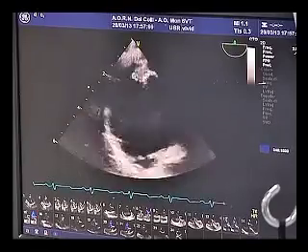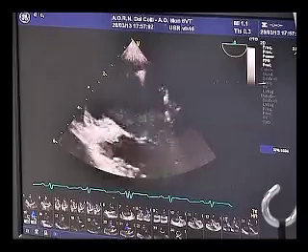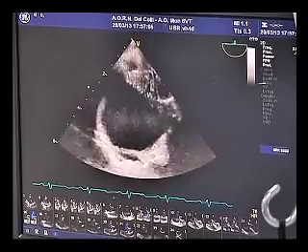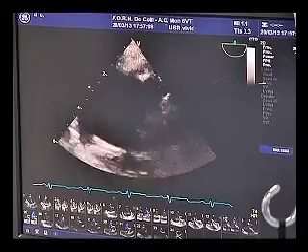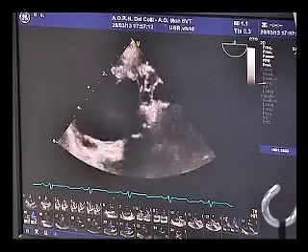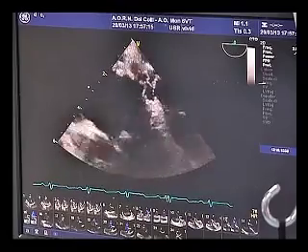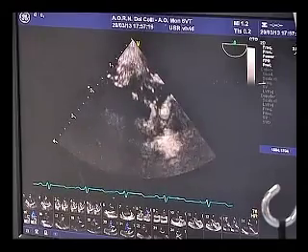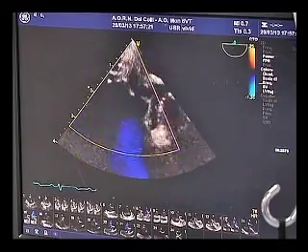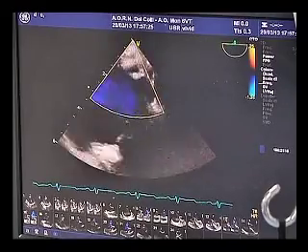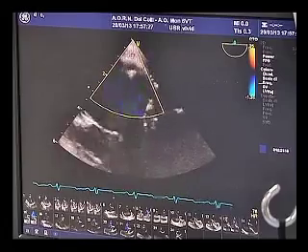What do you think? Let's see the residual shunt in that area. It seems there is no shunt at all in the posterior inferior part of the septum.